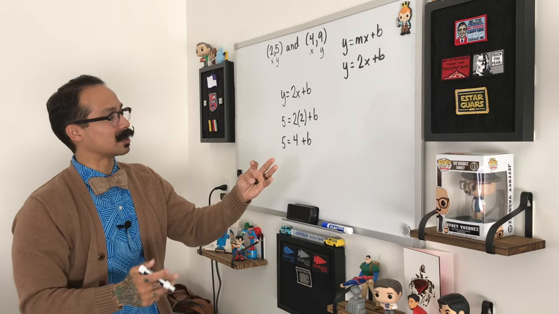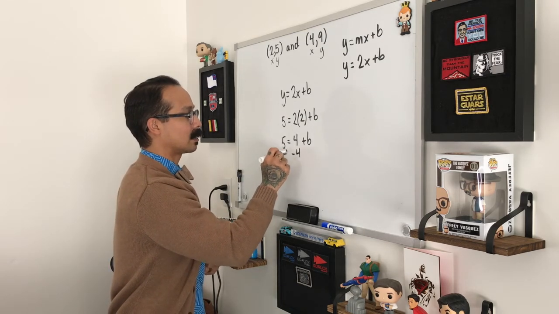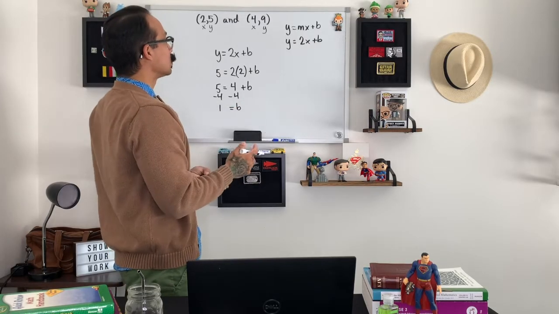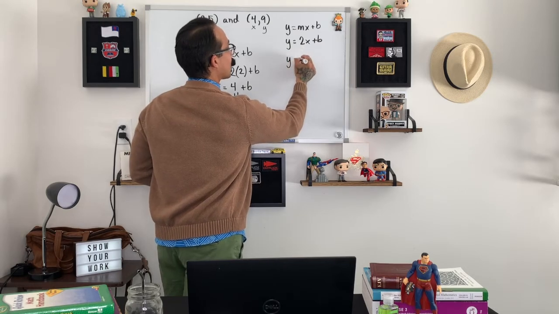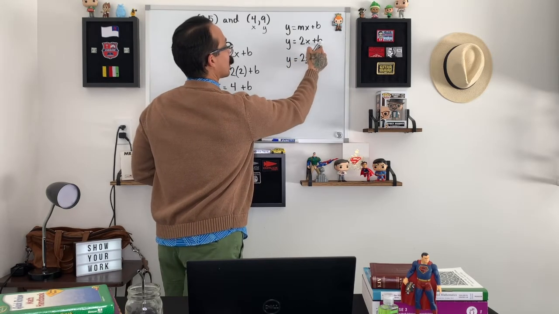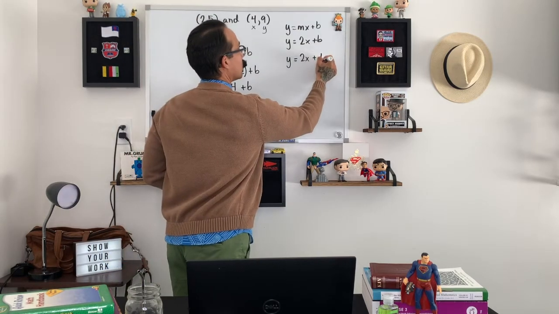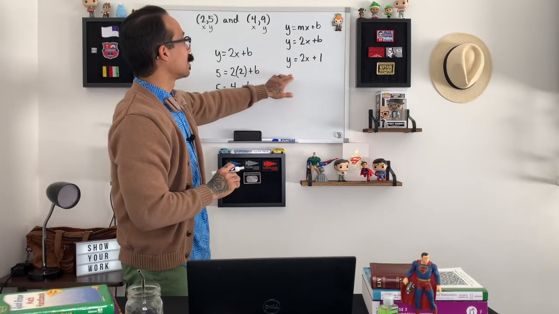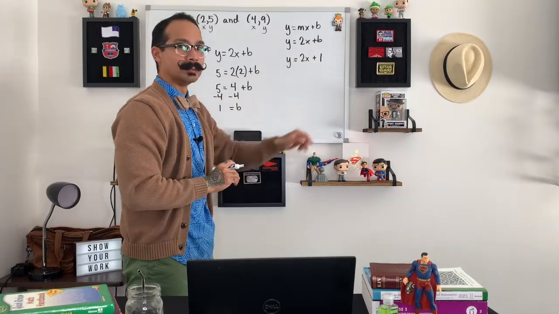Oh, I know what that is, but just to use some inverse operations here, 5 minus 4, b has to be equal to 1. And so not only do I have my slope now, I have my y-intercept, or my letter b, which is 1. My final answer for question number 4: y is equal to 2x plus 1.